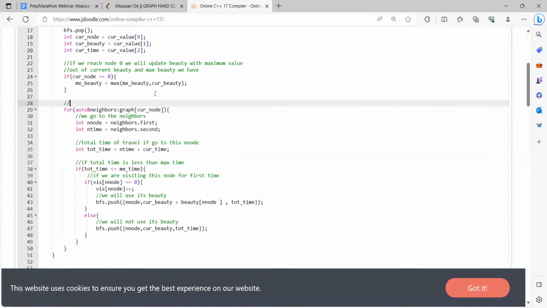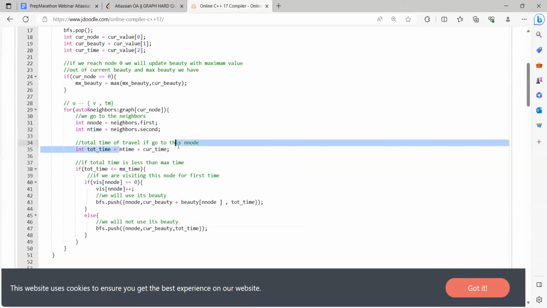For every node U, we store two things: the neighbor V and the time. If I go from node U to node V, this much time is taken through the road. The neighboring node is stored at the first place, so I'm using a pair here. The time taken to go through this road is the second thing.